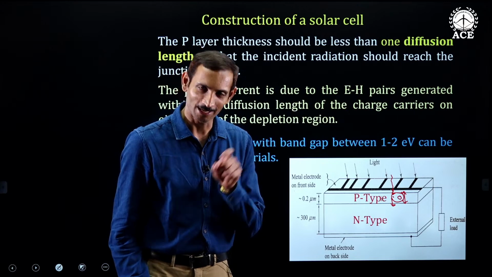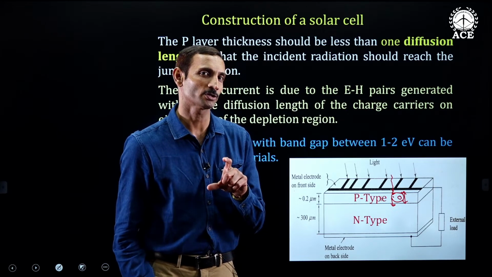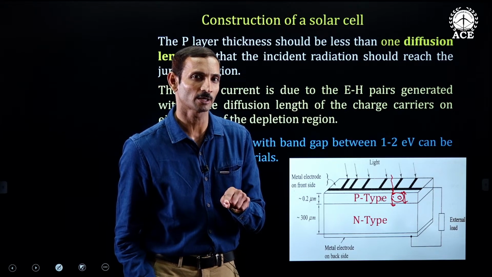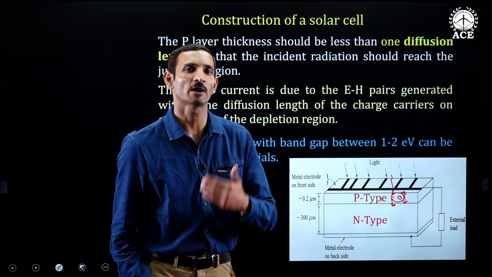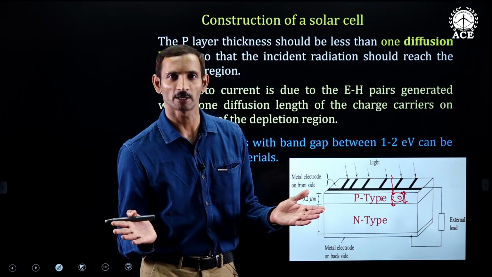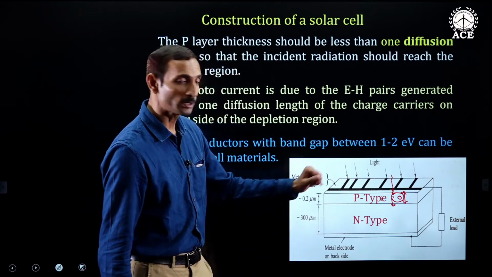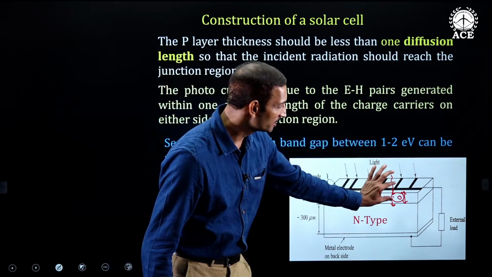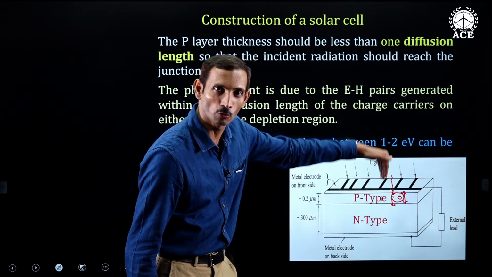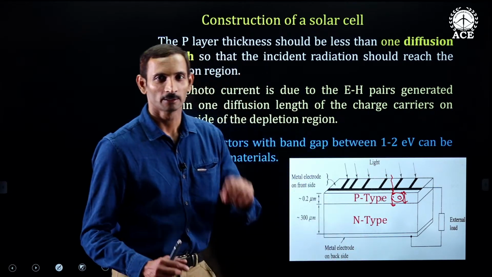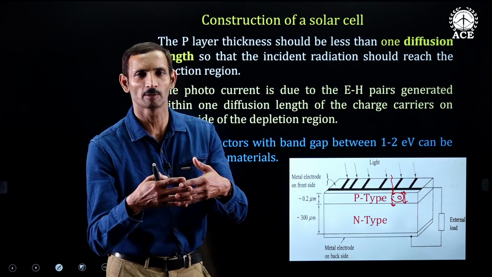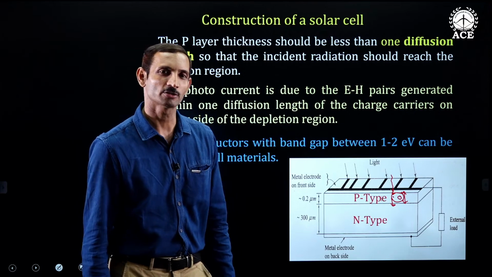So if there has to be a cell, there has to be a potential difference across the two ends of the junction. How do we get that potential difference across the junction? When we have excess charge carriers of opposite polarities on the two sides of the junction, right? That would happen when this distance is thinner. So automatically the photons would have a chance to go to the junction directly and collide with the covalent bonds, or the atoms in the bonding, and release electrons and holes.